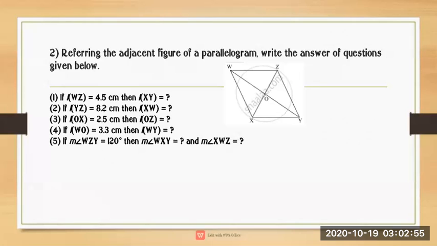Very well. And which property will we use? Very well, diagonals of a parallelogram bisect each other. But how did 6.6 centimeter come? What have you done there? How did 6.6 centimeter come?